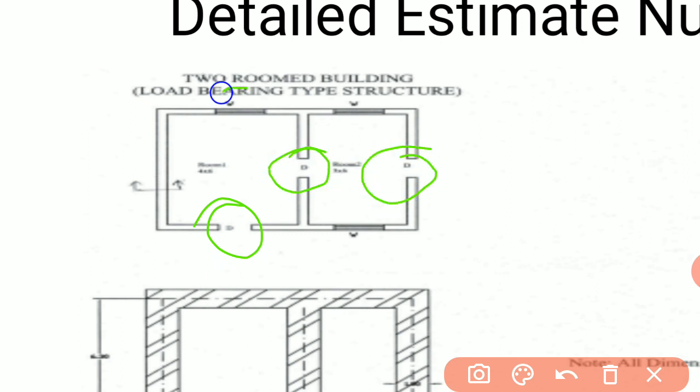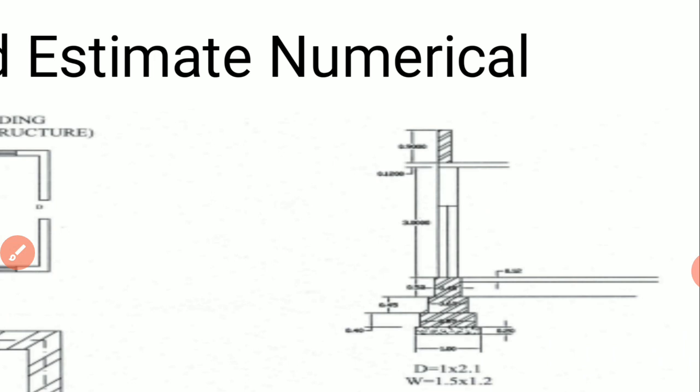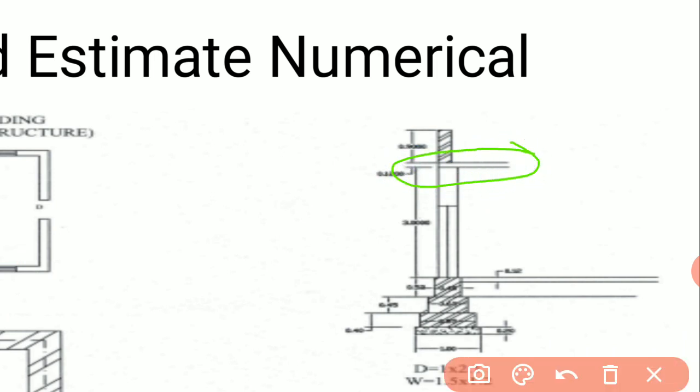And windows are also 3. And then, what is the lintel over doors and windows? These are the lintels over doors and windows. So this part is there in the wall only. Doors are in the wall, windows are embedded in the wall, and these lintels are also embedded in the wall. So we are going to subtract them from the brickwork to get the actual or accurate quantity of brickwork.